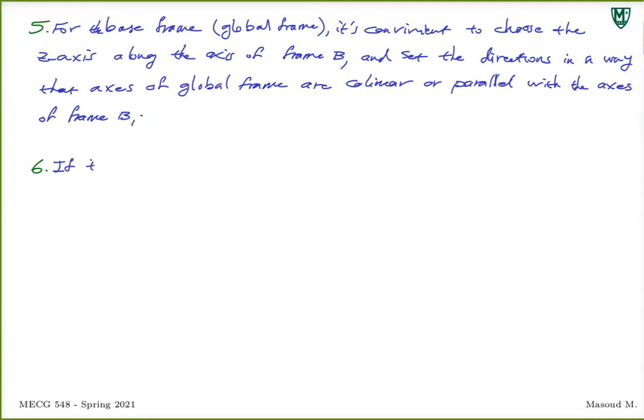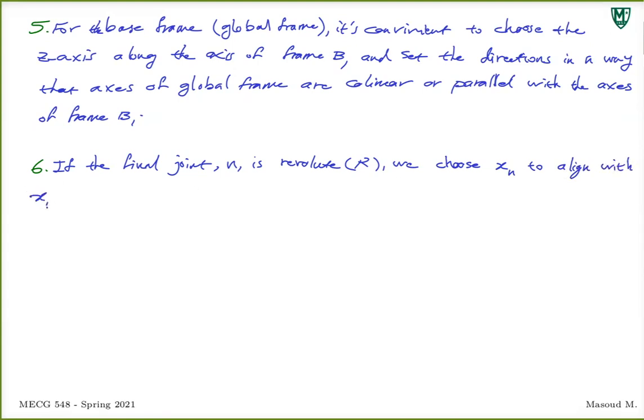If the final joint, I'm going to call it N, following the notation of the book, final joint N is revolute, R, we choose xn to align with xn minus 1 when theta n is equal to 0.